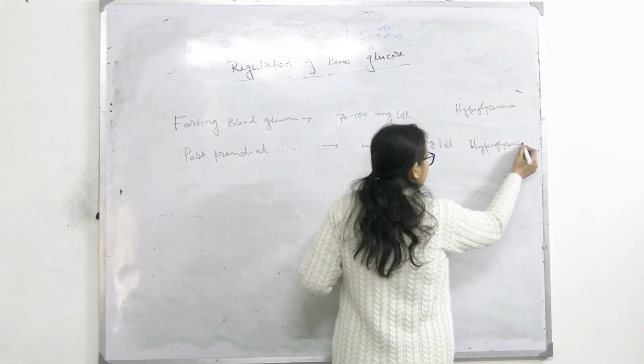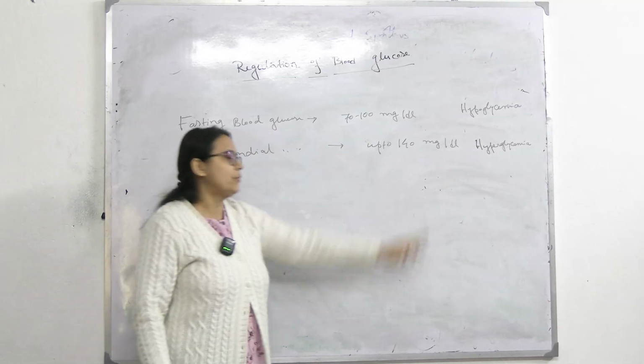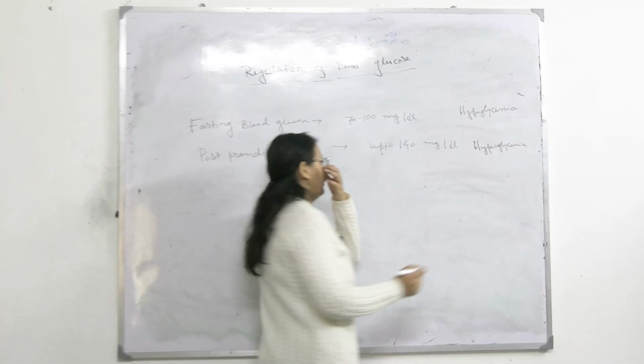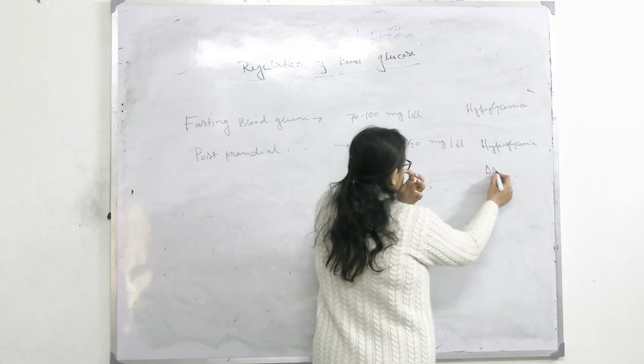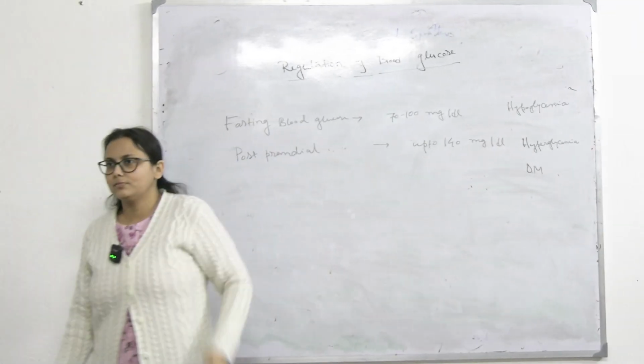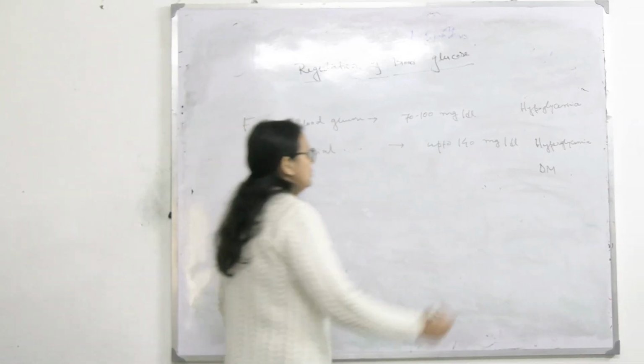An example of a hyperglycemic state is diabetes mellitus, and hypoglycemia can be seen in starvation.